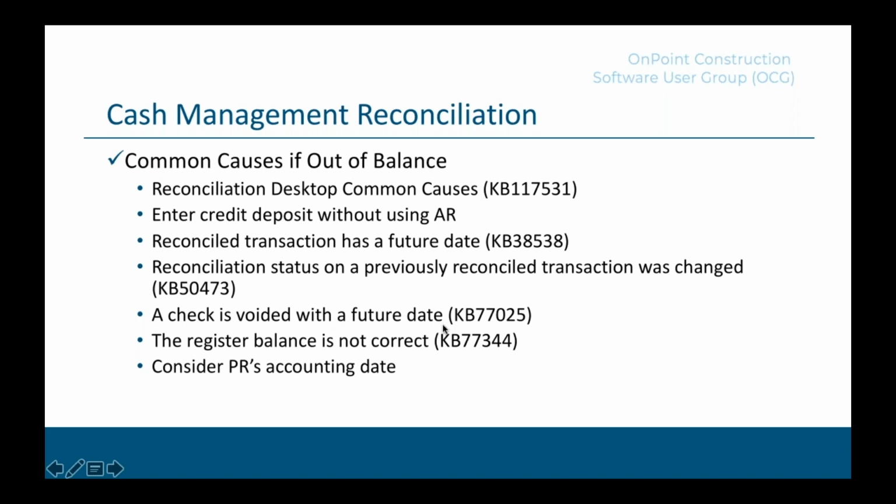A check is voided with a future date. So if you have a check that was voided when you're going through your bank reconciliation, you don't want to just automatically clear all voided checks.